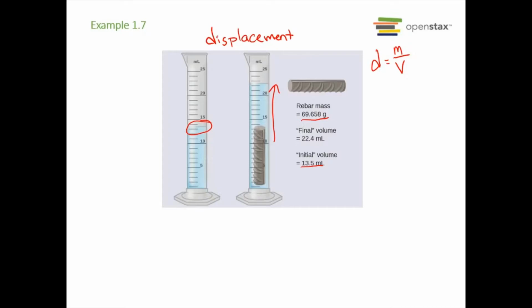That difference in volume is equal to the volume of the object. Now it's gone up to this final volume that they read at 22.4. So the volume of our metal is equal to our final volume minus our initial volume. This is equal to 22.4 minus 13.5 milliliters.